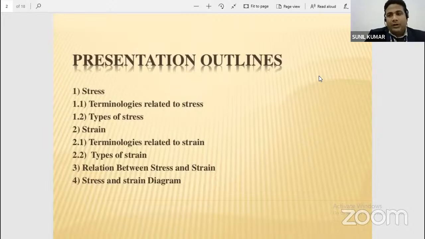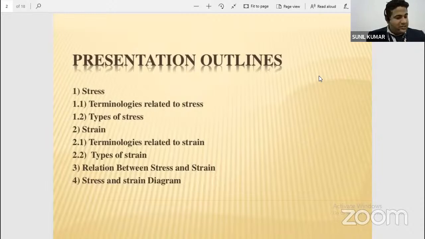First is the pull, second is compression, known as compressive force, then twisting force, next is the bending force, and fifth is breaking, cutting or shear force. In my presentation I am discussing these effects of forces.